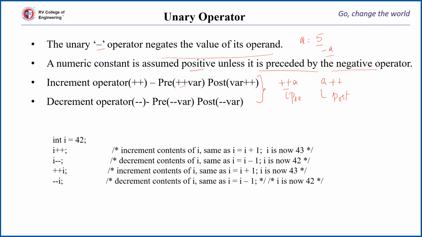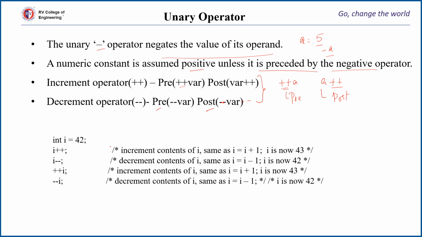Depending upon where you place this operator, the result of the expression varies. We will discuss it slowly. Similarly, for the decrement operator, the two variants are pre and post, which depends upon where you place the operator.